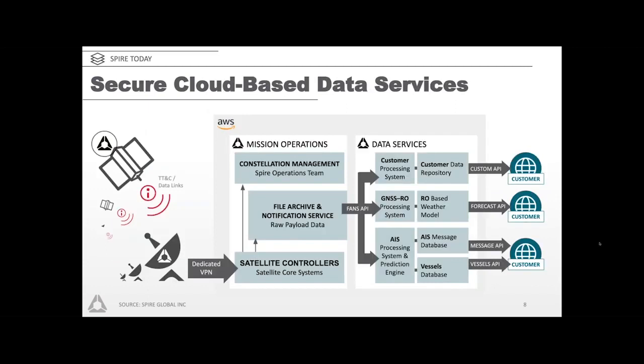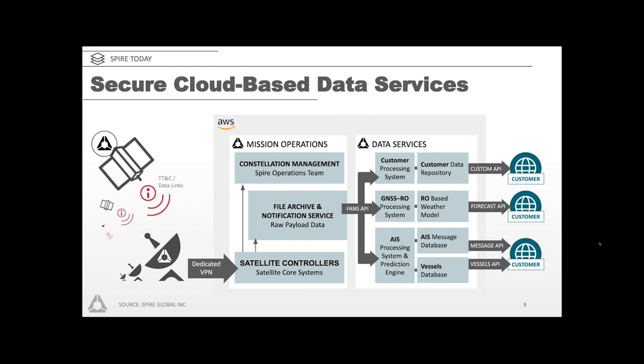In terms of our final data products and how we actually deliver that to the customer, we deliver a highly secure cloud-based data service. We have fully secured, encrypted TT&C links and data links, and a US-based cloud processing service through AWS. Our data stays encrypted from the collection on board the satellite and at the ground station, and it's only decrypted once it is actually in the cloud.